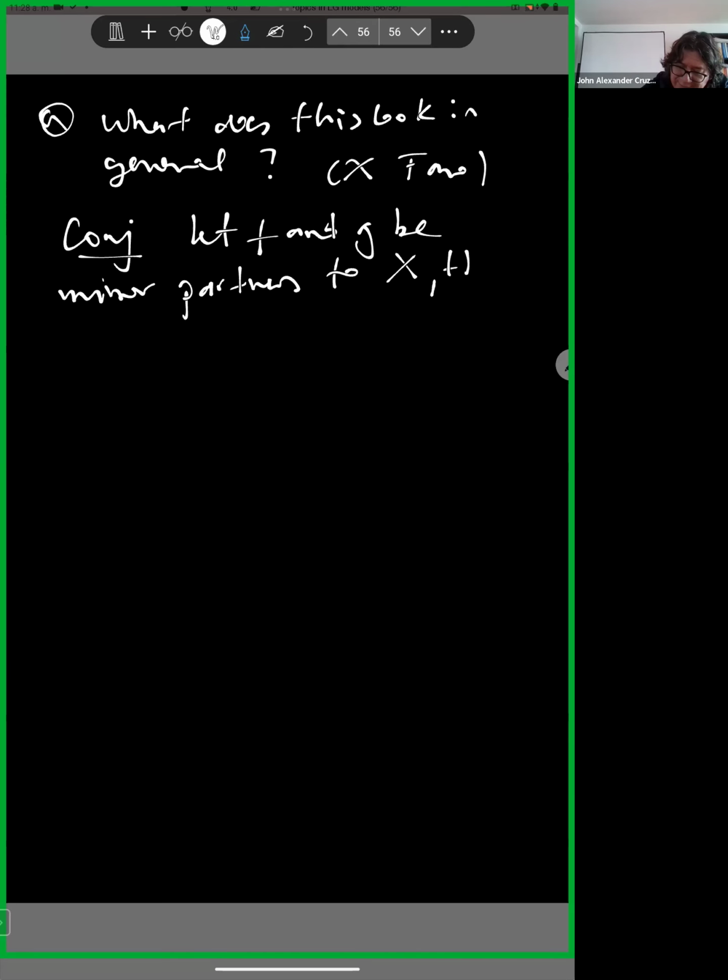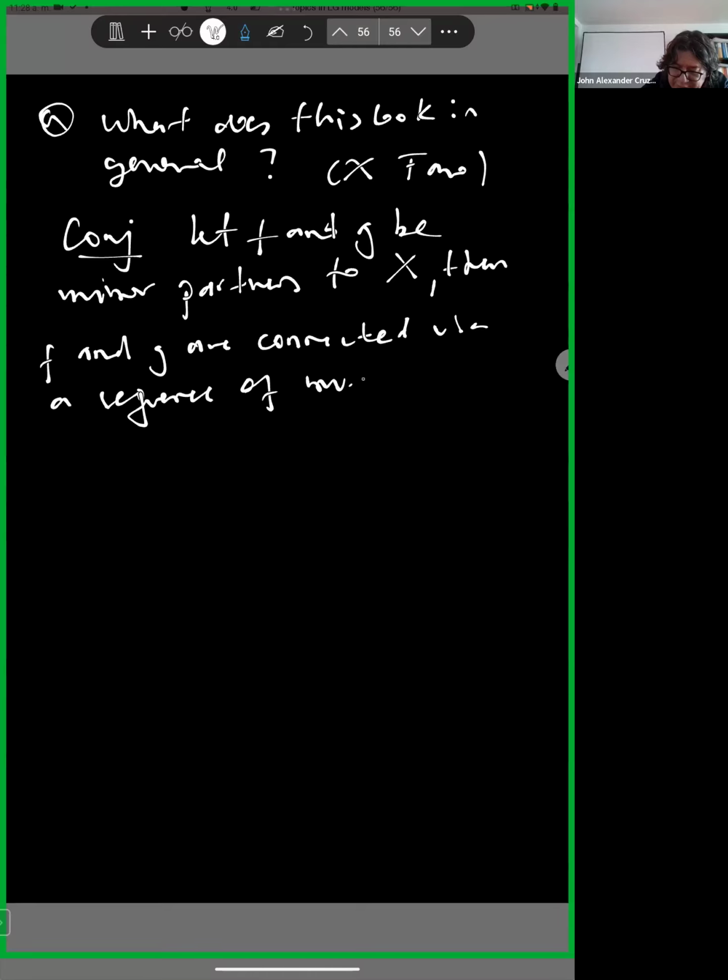Then F and G are connected via a sequence of mutations. So you take two different mirrors, Landau-Ginzburg Laurent polynomials, using the approach we use. If you take two Laurent polynomials, it doesn't matter if they look different or not, they should be related by a sequence of mutations.